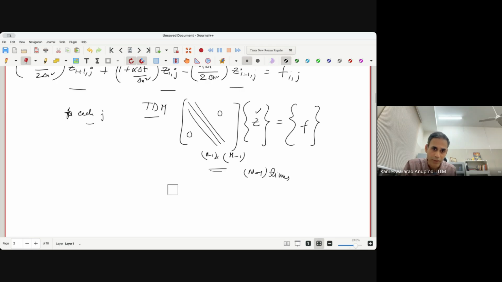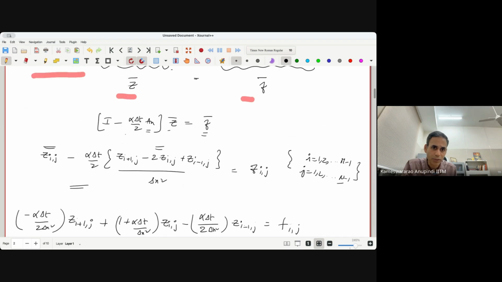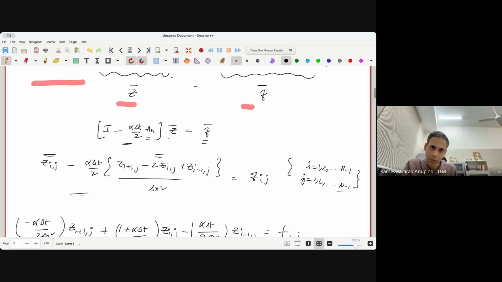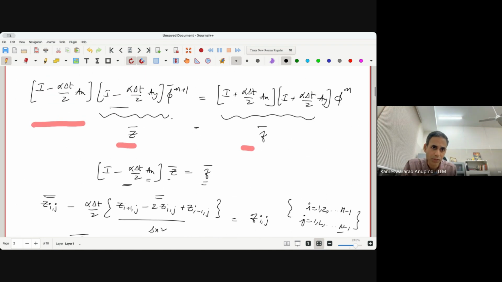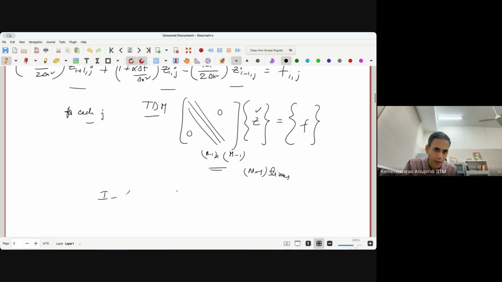Okay, fine. So then once you have z, I can go back and use this equation itself, that is I minus alpha delta t by 2 times Ay of phi n plus 1 equals z bar.